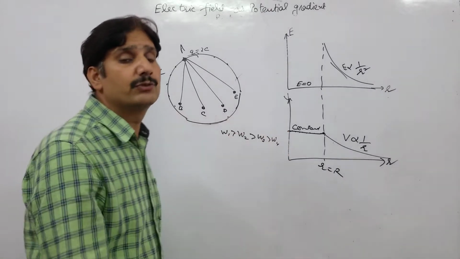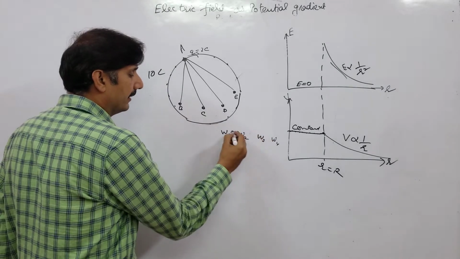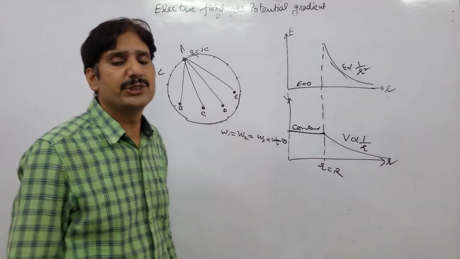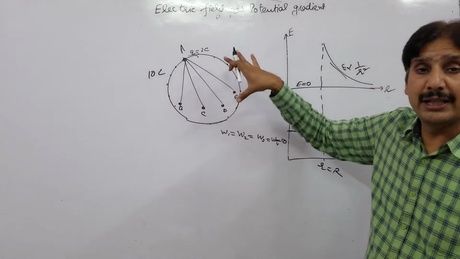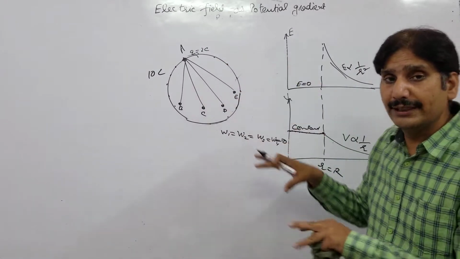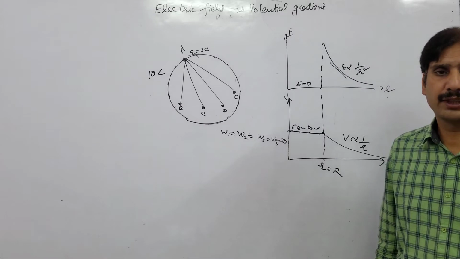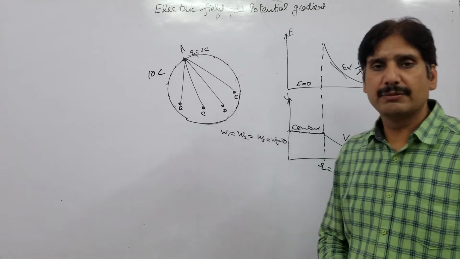Some useless options would be given. We know in every case, no matter where you select the positions of the points, as long as you remain on the surface or within the spherical shell, work done is going to be 0. So this is a very important category of numericals.